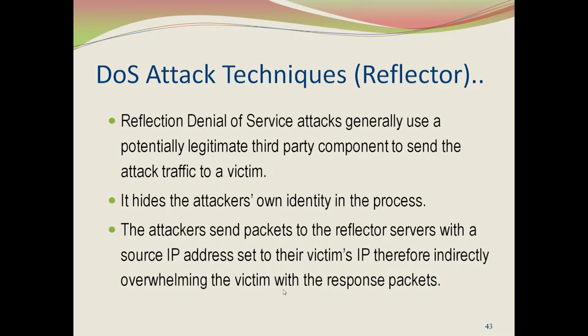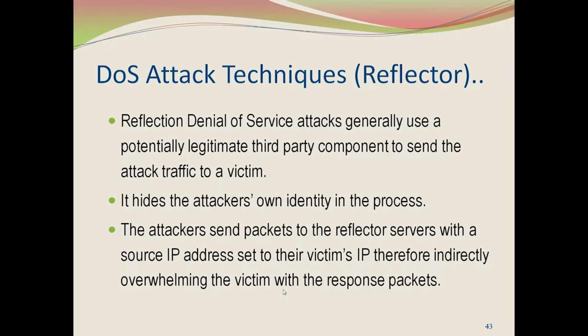So, here the attacker sent packets to the reflector servers. This server may be anybody, with a source IP address set to their victim's IP, therefore indirectly overwhelming the victim with response packets. So, if the server is a DNS server with recursive call, then everybody will be sending answers back to everybody else.